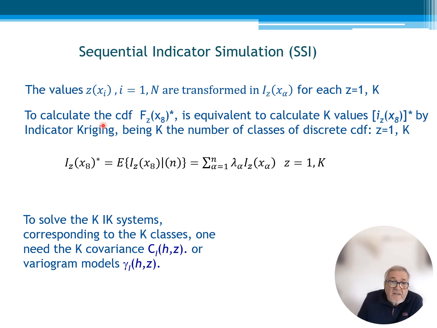To calculate the conditional distribution function is equivalent to estimating by kriging each one of the indicator variables, like this expression. And just to remind you, to solve these k IK systems, we have one system for each class. One needs k covariance models or variogram models.